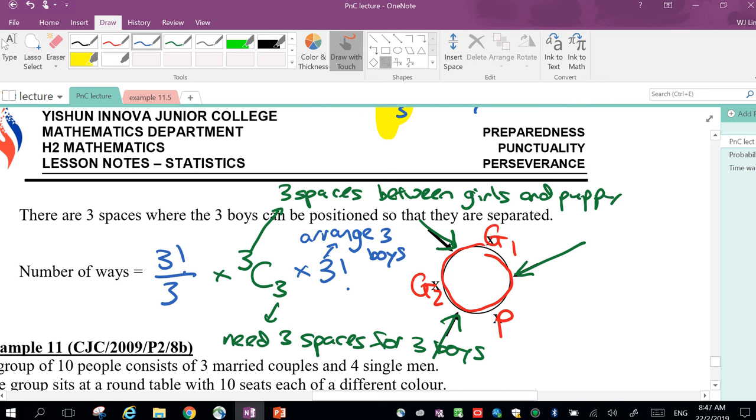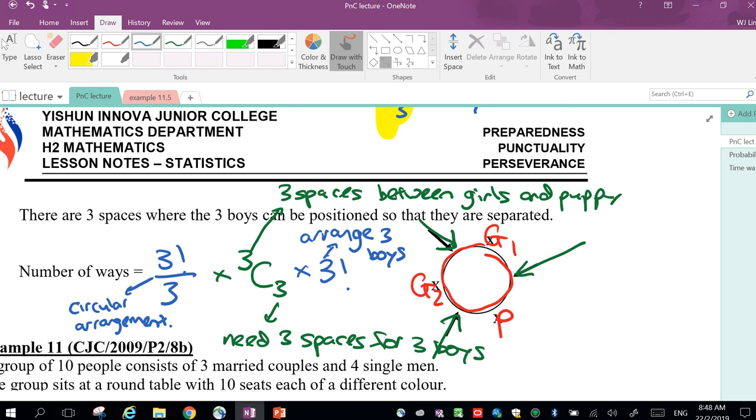Remember, copy this down first. This is circular arrangement. Let me see the overview picture again.